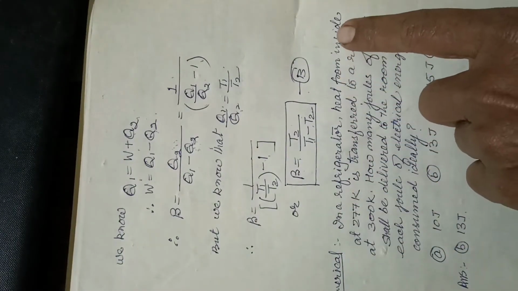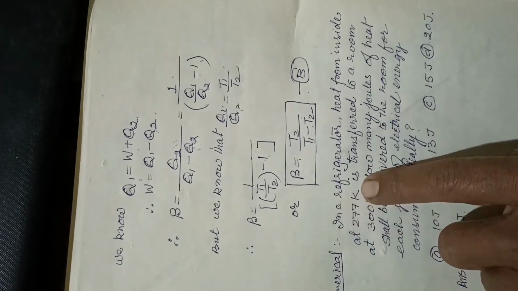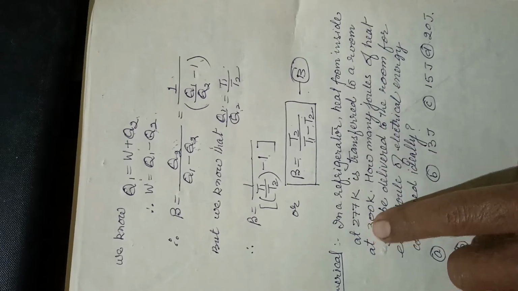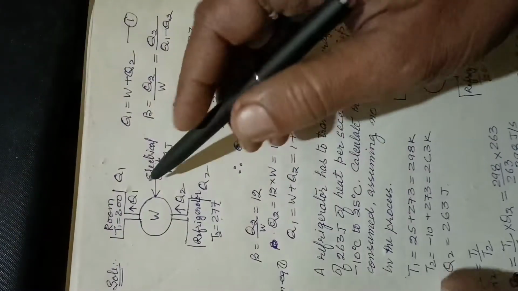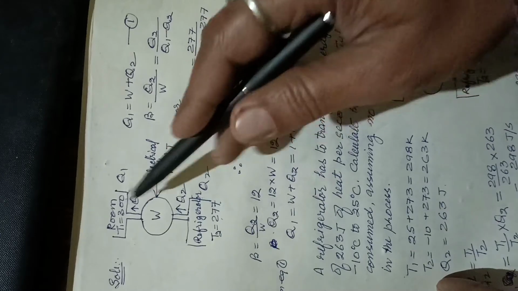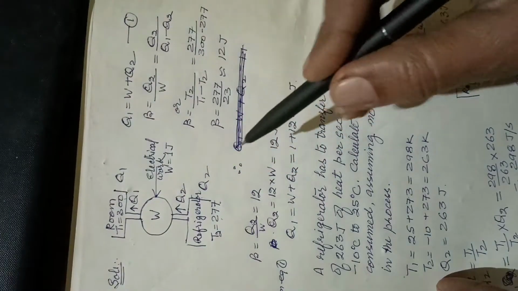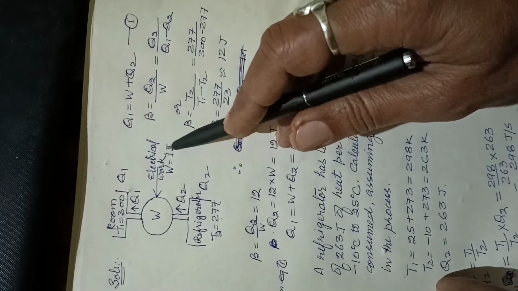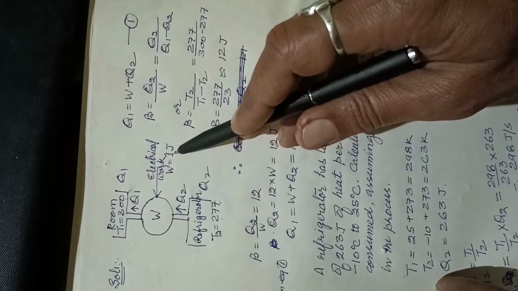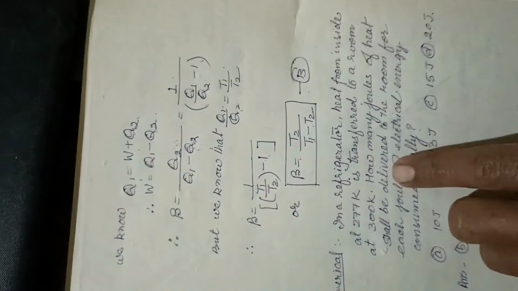Refrigerator heat from inside 277 Kelvin. From here it is transferred to the room of 300 K. It means the temperature of the room is 300 Kelvin. So this picture is clear, and the amount of electrical energy which is provided per second is 1 joule. It is mentioned over here.